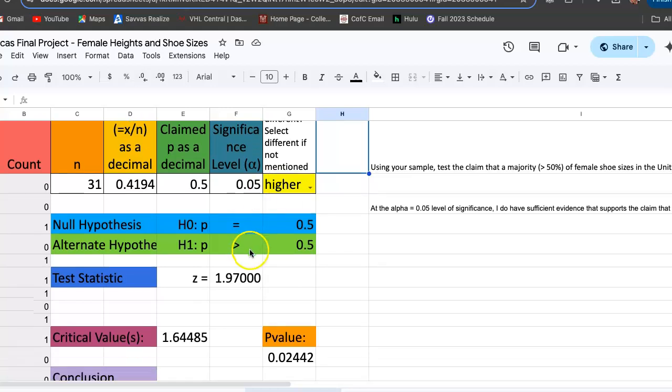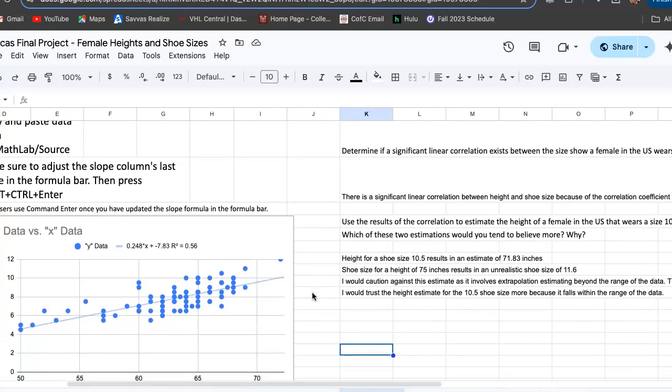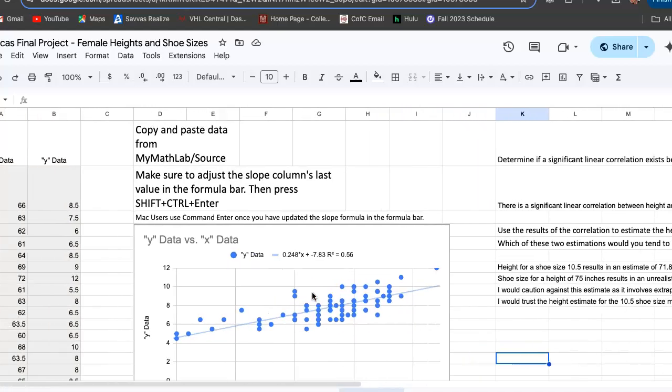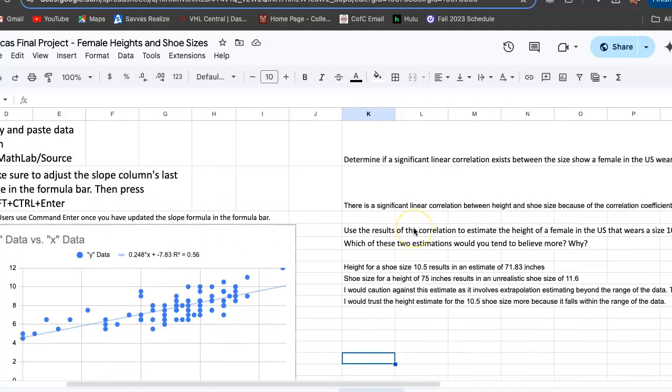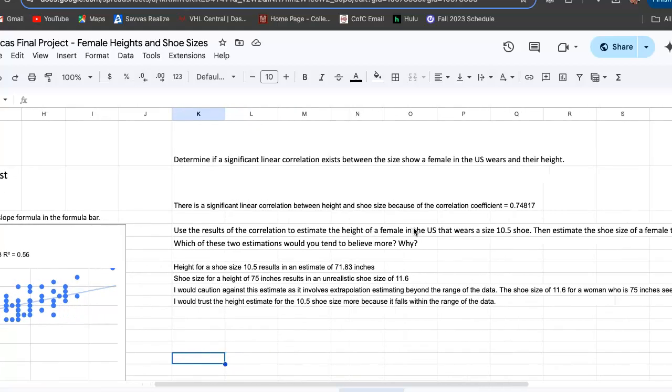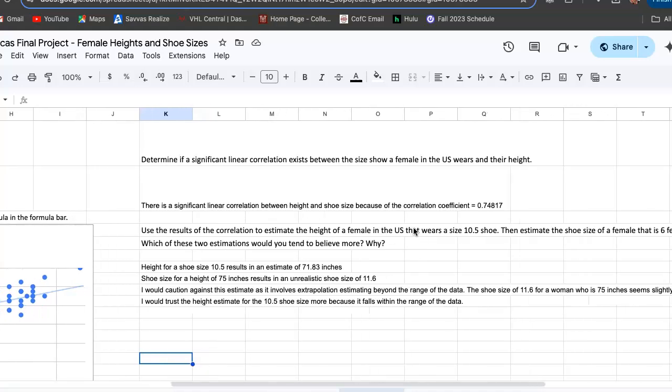Now, moving on to the correlation analysis. This is where things got a little bit tricky for me, to be completely honest, and I might have made some mistakes. But here, the first question is whether a linear relationship exists between a woman's height and her shoe size.